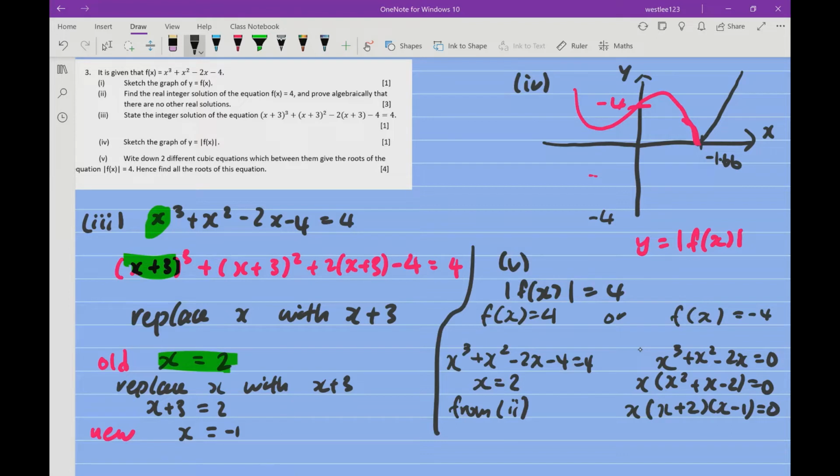So for the second part of the equation, we actually have three solutions: x equals 0, x equals -2, and x equals 1. All right, so there you have it. This is how we do question 3 of paper 2. In the next video, we will look at question 4, which is on AP GP. I'll see you in the next video.